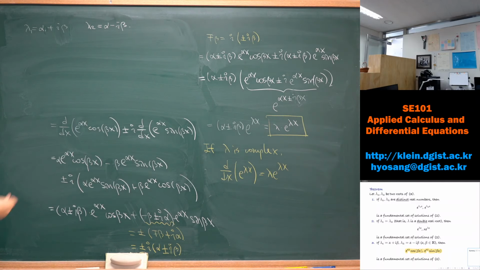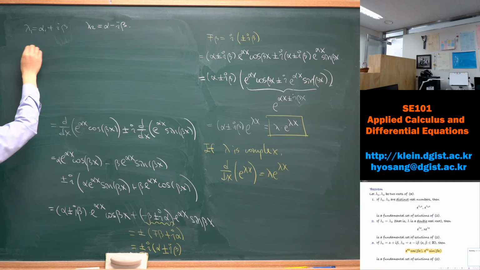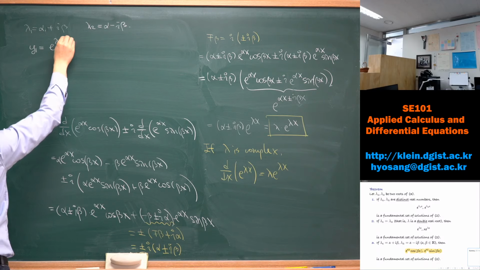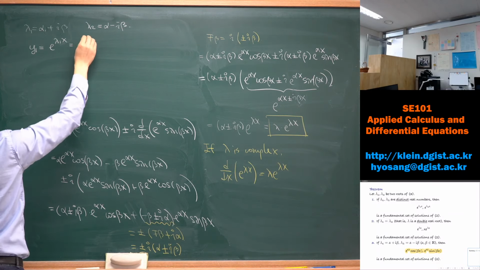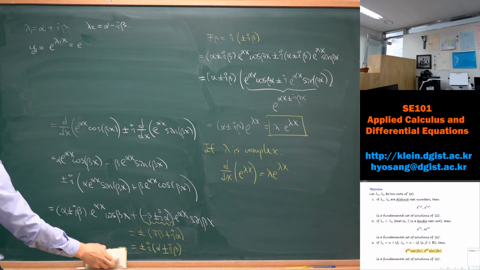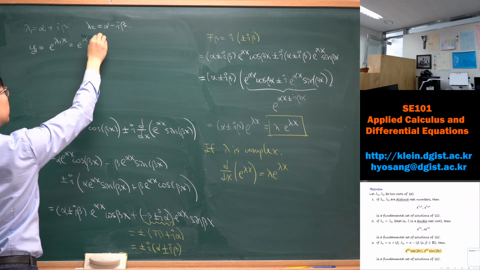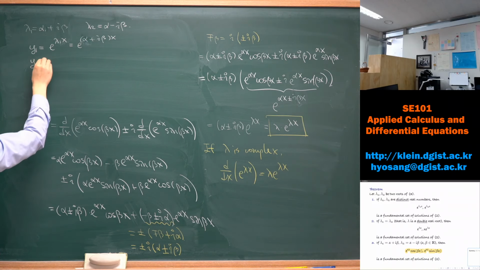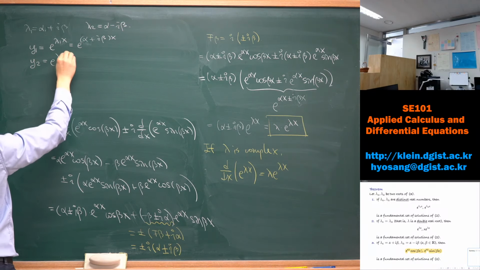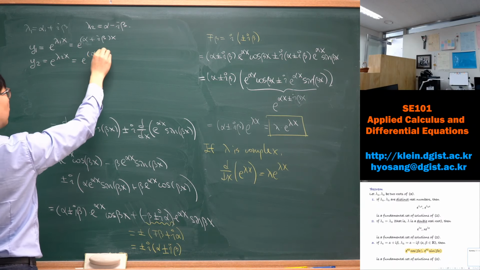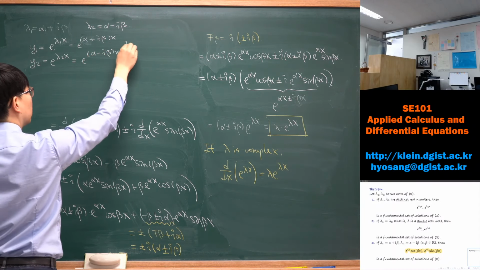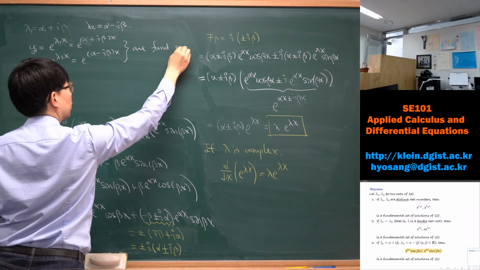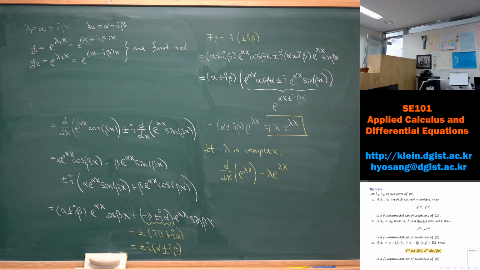Okay. Then y1, which is e to the lambda 1 x, which is e to the alpha plus I beta x, and y2, which is e to the lambda 2 x, which is e to the alpha minus I beta x. These are fundamental solutions.